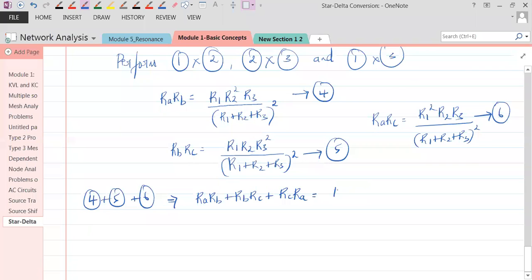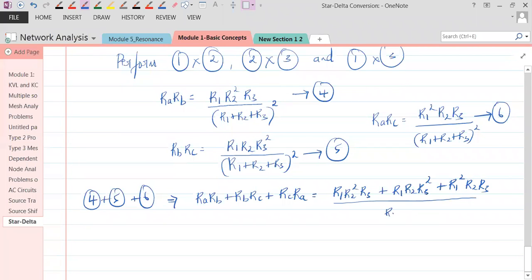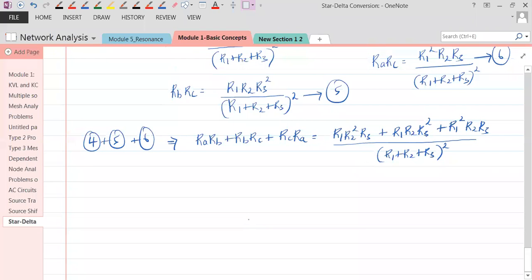So what you would have is R1, R2 square R3 plus R1, R2 R3 square plus R1 square R2 R3. Because the denominator is the same, the LCM you take, you will find this, R1 plus R2 plus R3 whole square. So what we shall do next is this. In the numerator, let's take R1, R2, R3 common.